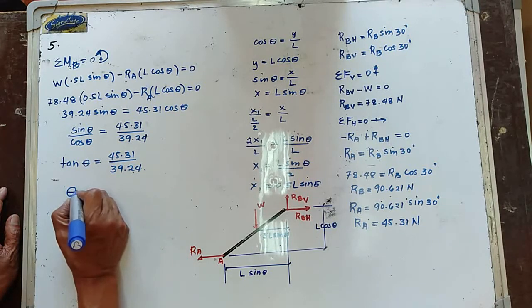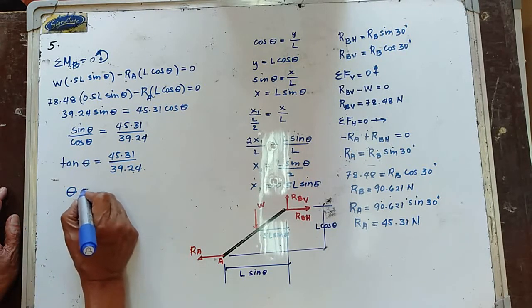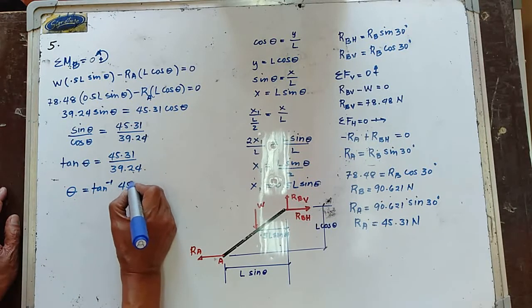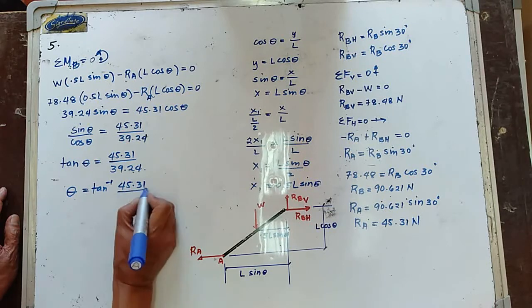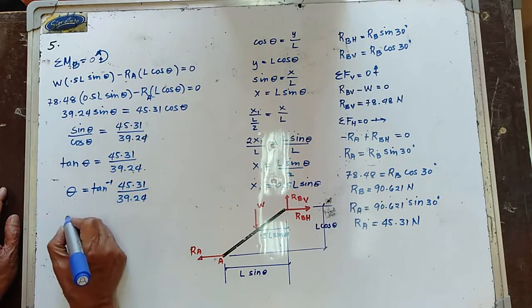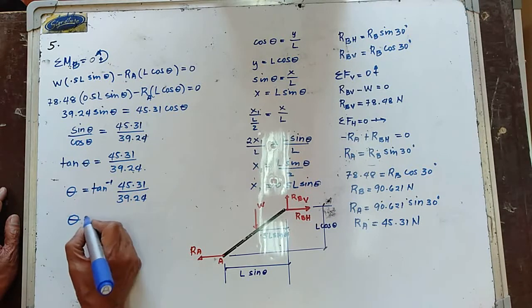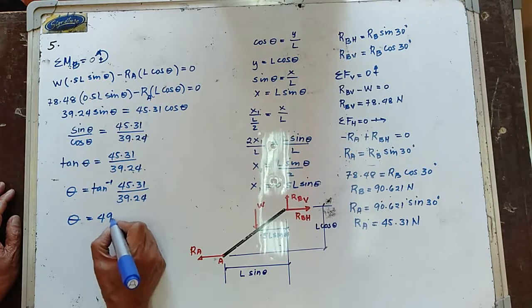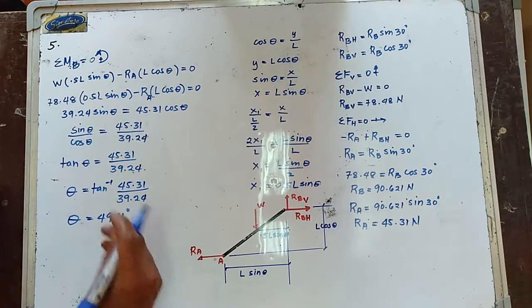So that your theta is now equal to the arc tangent of 45.31 all over 39.24. So the value of theta is now equal to 49.11 degrees.